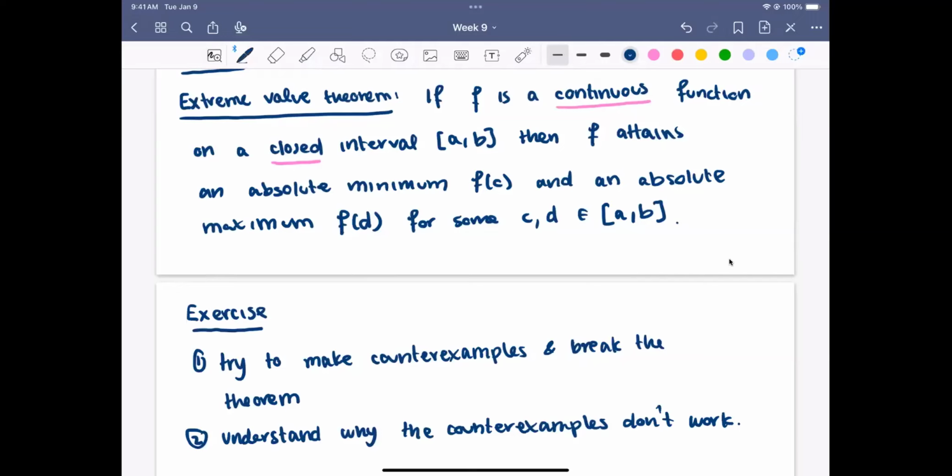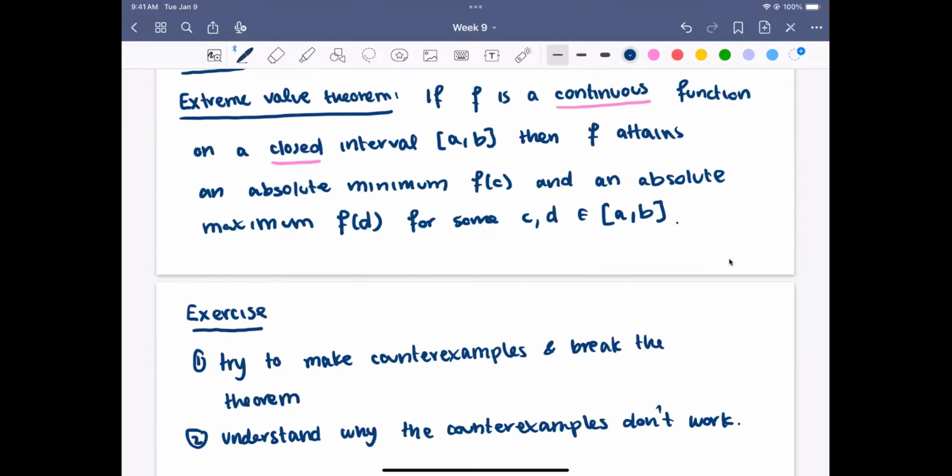Yeah, if you have a sine function, if you set the interval as like 0 to 5, so you have multiple. Would you have two different absolute maxes or two different values?